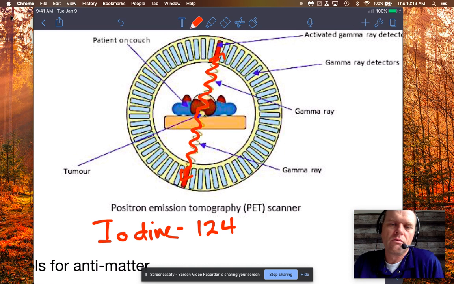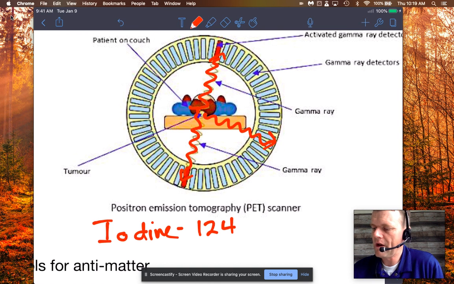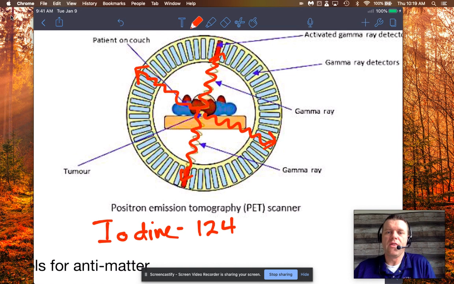Now, obviously, we're assuming here this patient's got a tumor in his brain or something. So this is where the iodine would be uptaken the most. And then another pair of photons, one might go this way and the other would go in the opposite direction. That's the conservation of momentum at play.